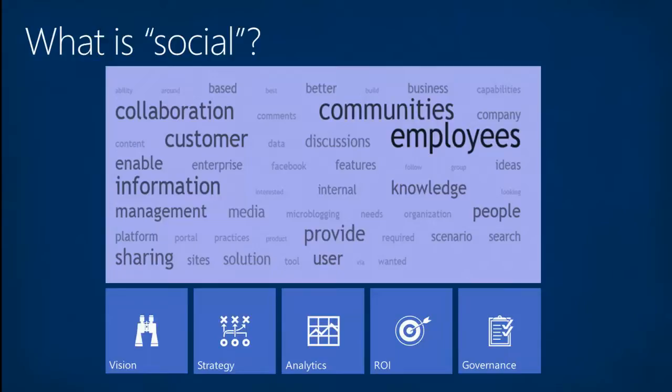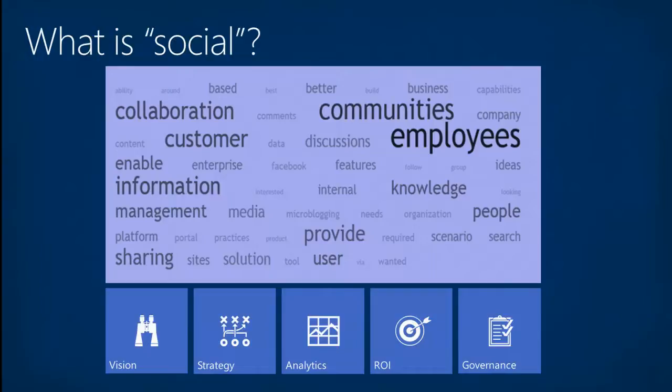We had some folks say, social computing to us is all about community. It's about building up a community, solving problems via this community. Other folks said, social is just an aspect of collaboration. It's been there all along. It's just another technology set or capability. We had others that said, social is all about getting in touch with our employees, really trying to find a way to build up that connection between our employees and find new ways to connect them.